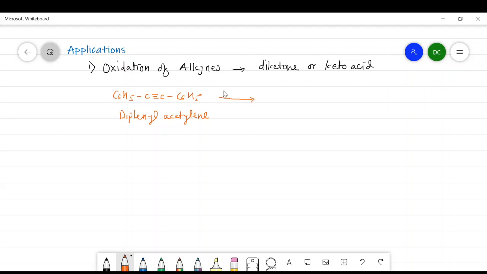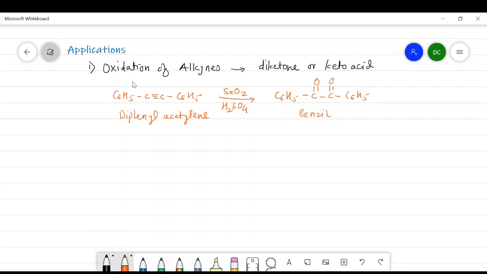That's why it is an internal alkyne, and when it is treated with SeO2 along with H2SO4, the carbon triple bond carbon is going to oxidize into a diketone, which has the structure C6H5 CO CO C6H5. It is known as benzil.